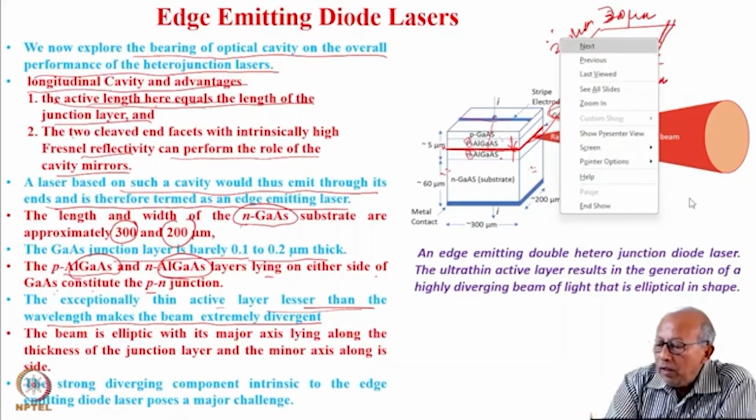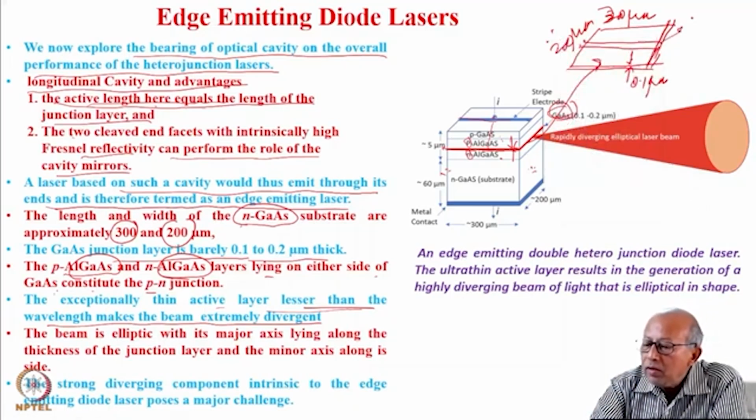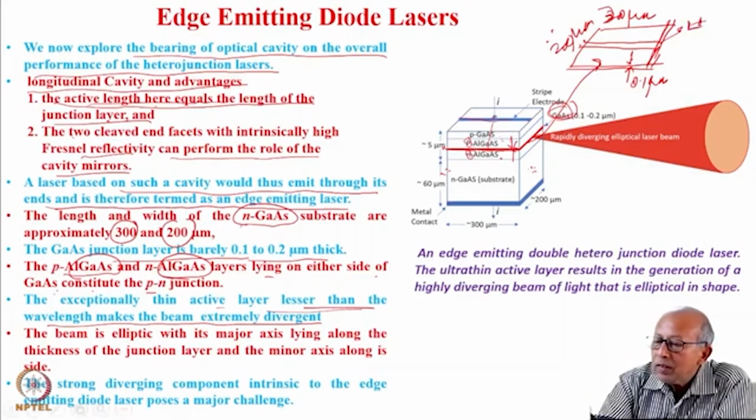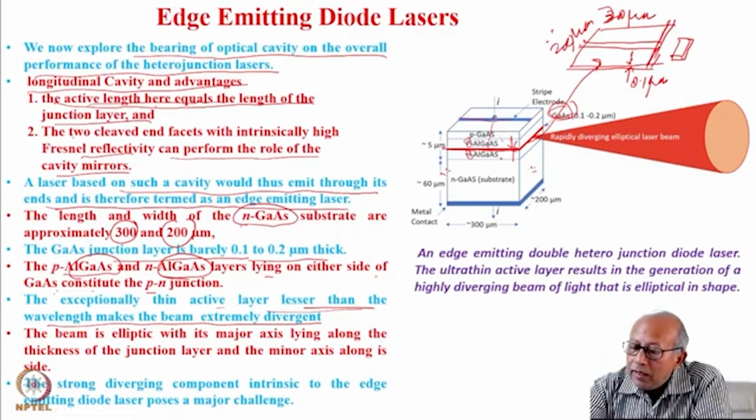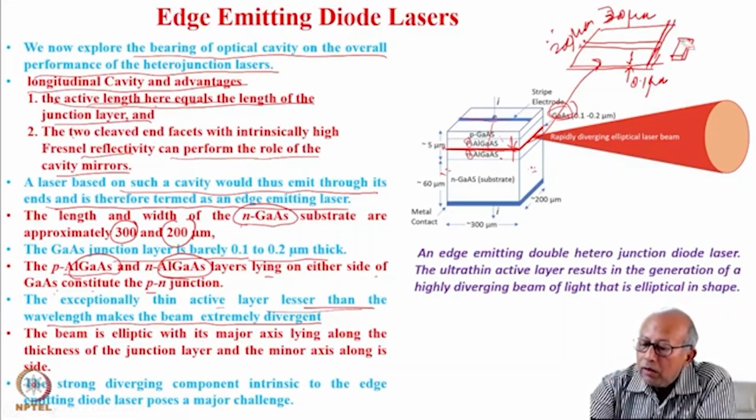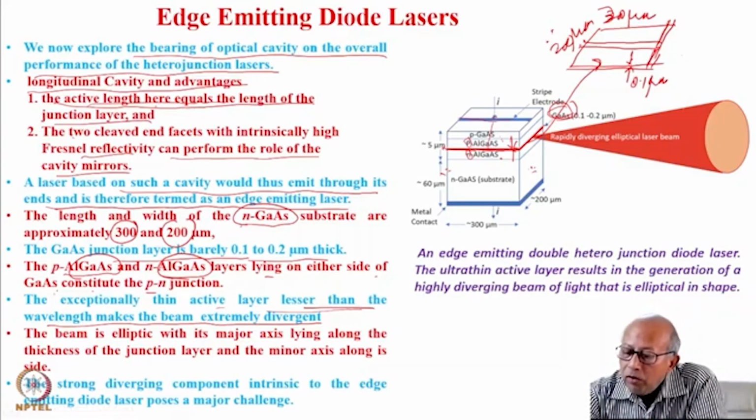So if I would amplify and see it, the area of the laser is this. This is the thickness. So the area over which the emission takes place is just this.